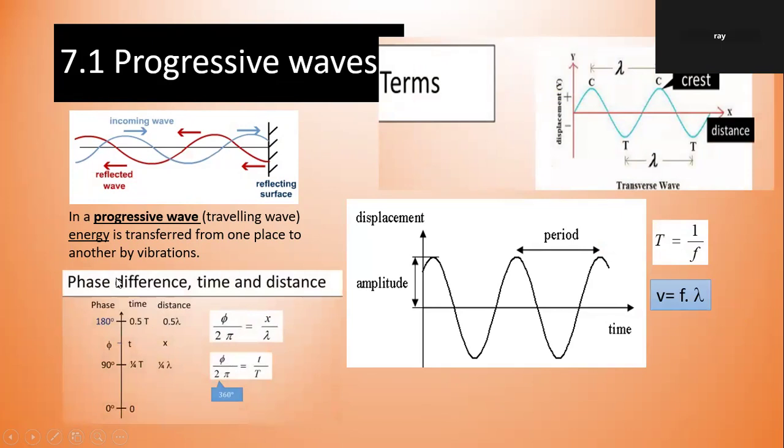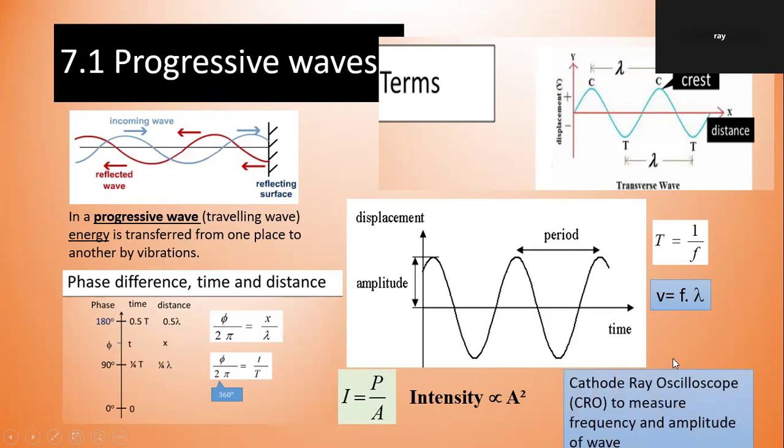And then phase, different time and distance, must know these two formulas. Then intensity equals power over cross-sectional area, where this is the amplitude and this is the cross-sectional area normal to the wave. Then we cover the cathode ray oscilloscope to measure frequency and amplitude of the wave.